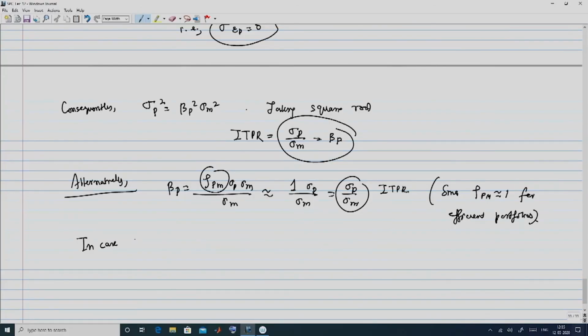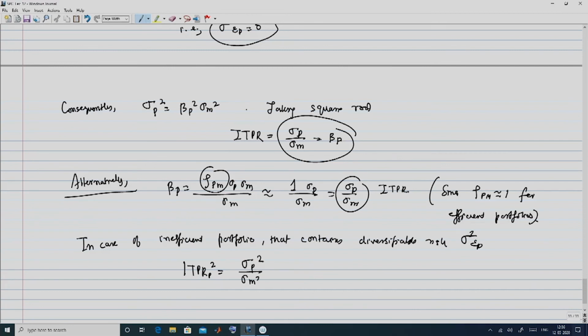But of course, we now have to account for the scenario where the portfolio is not so, that is, it could be inefficient. So, in case of an inefficient portfolio, where you have not been able to get rid of the diversifiable component of the risk, that means the one which contains the diversifiable risk sigma square epsilon p, you will get that ITPR square, by definition, is sigma p square over sigma m square.